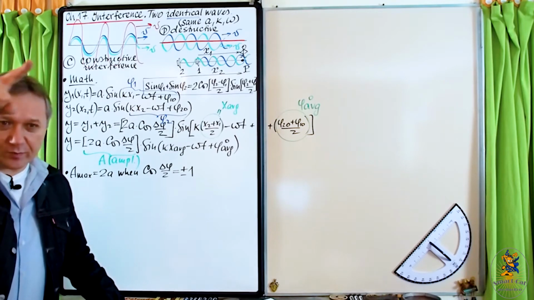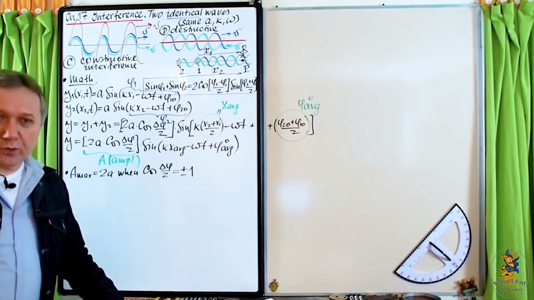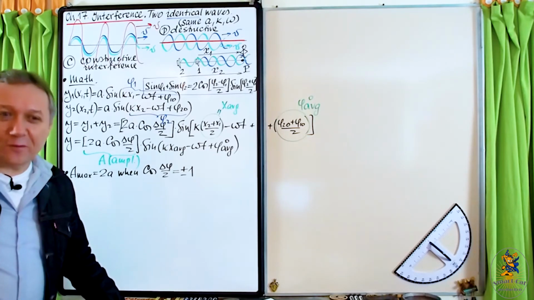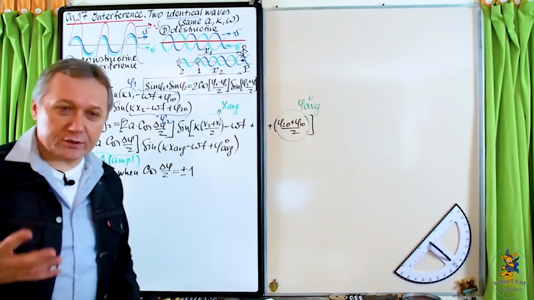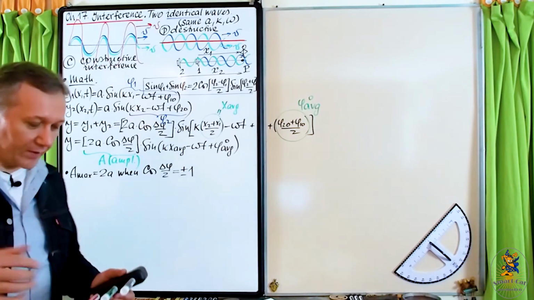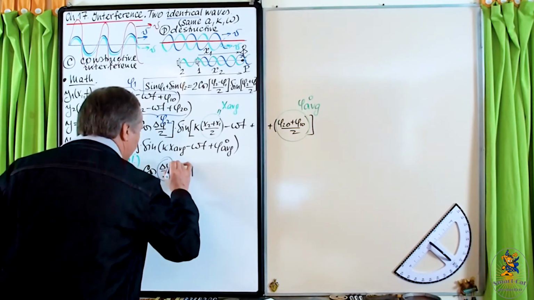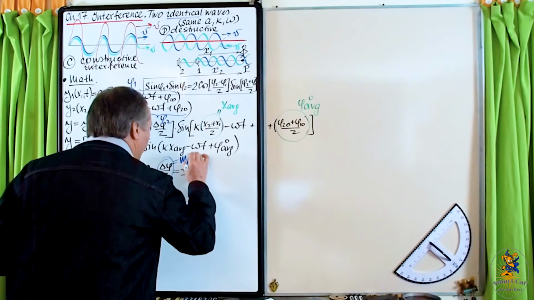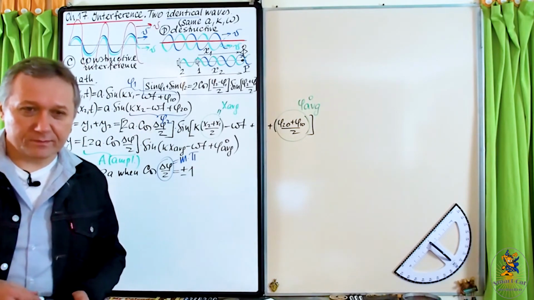Cosine function, you remember, is 0 at pi, 2 pi, 3 pi, 4 pi, 5 pi, and so on, right? So integer number of pi's. It happens when this equals m times pi, where m is an integer.